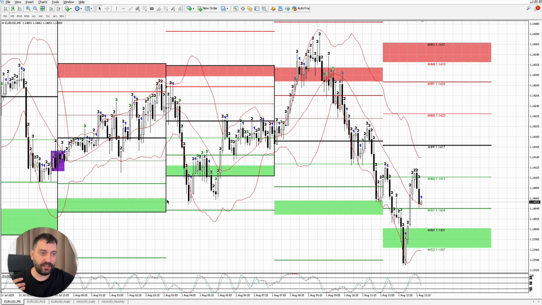There are days that price does not respect 4-hour pivot points even if there is some important data release, because something is going on in the background. But it's easy to spot what price is doing from the start of the day.